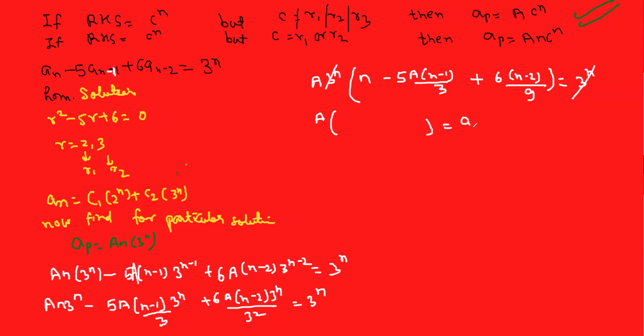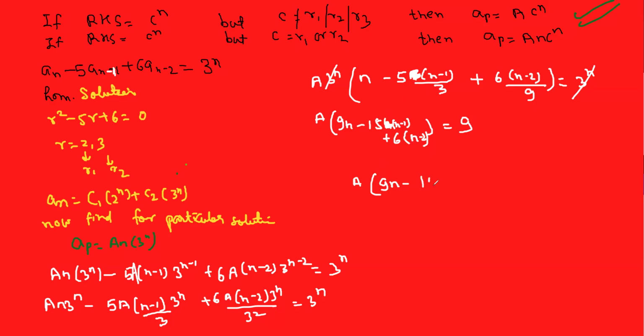Multiply 9 on both sides. 9 A n, 15 A, 6 A n minus 2. A is outside. Okay.